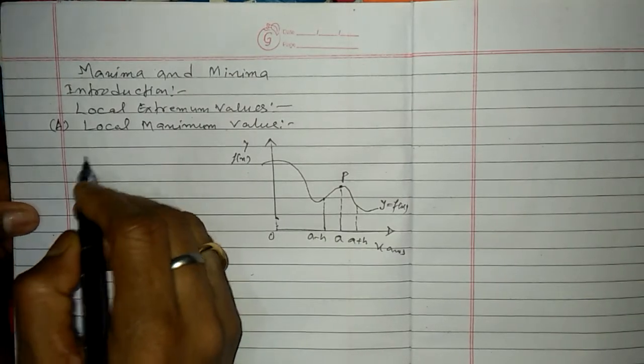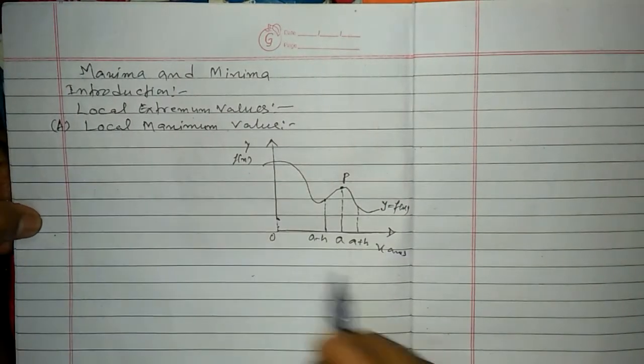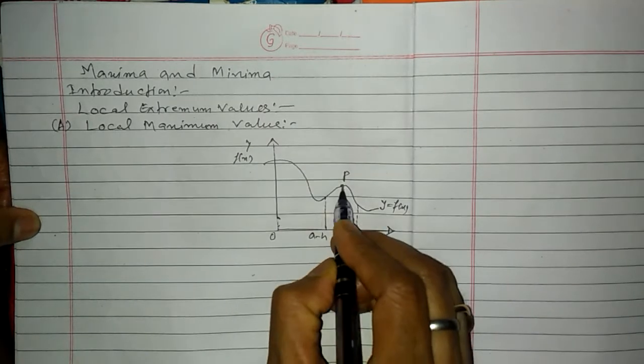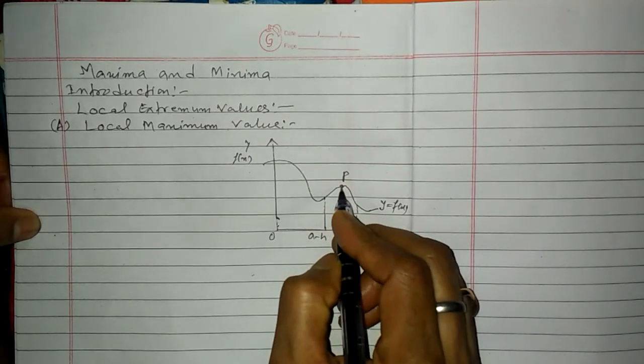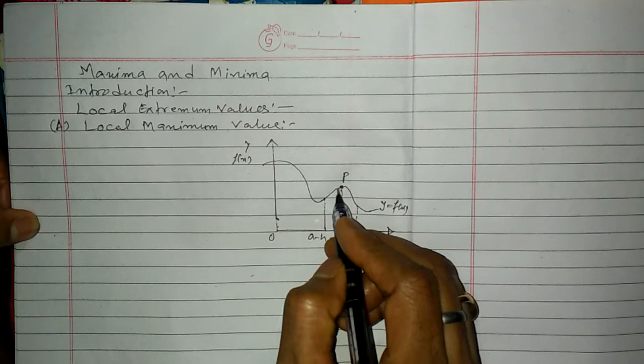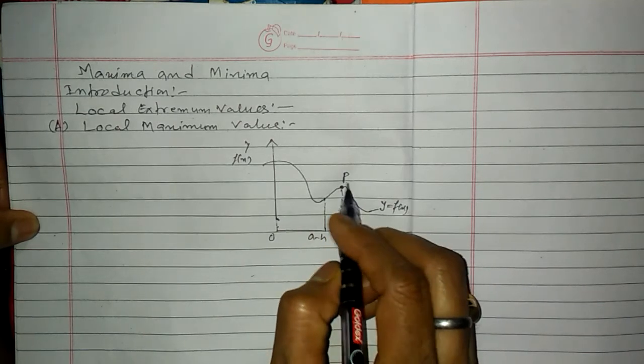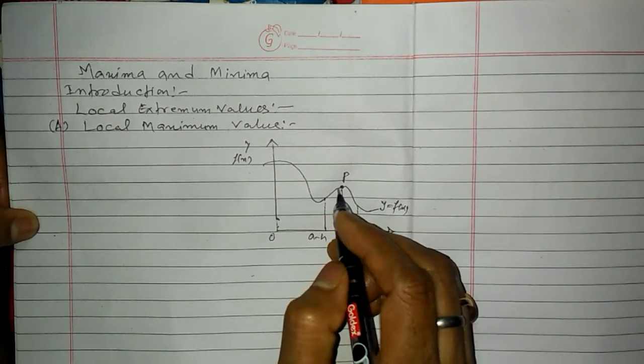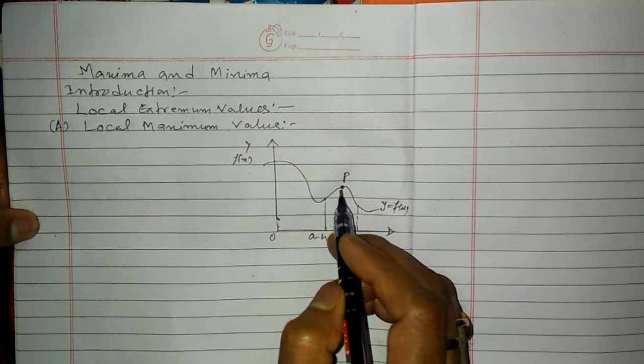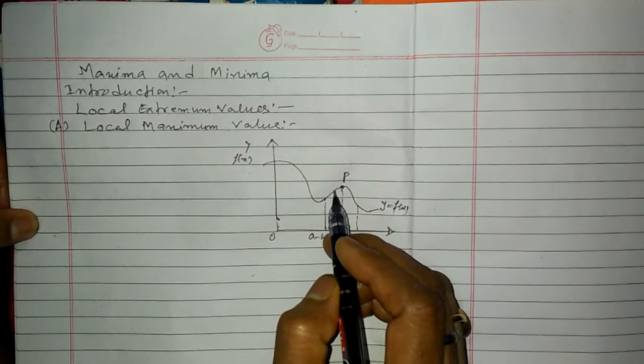First of all, we define this point P. P is the highest point of these regions. So this is called a local maximum point.